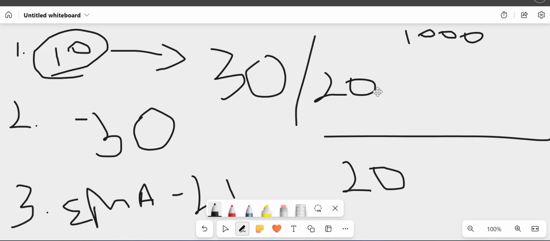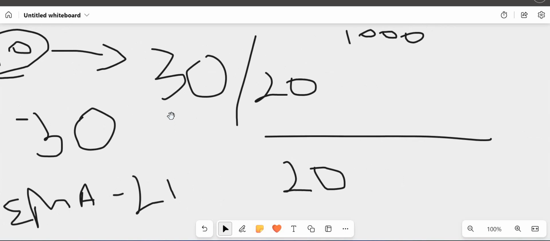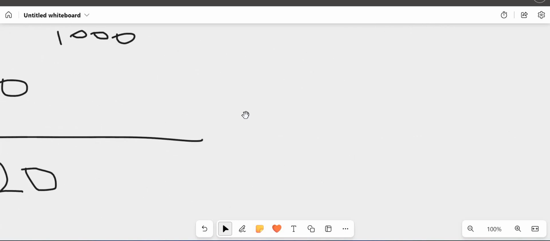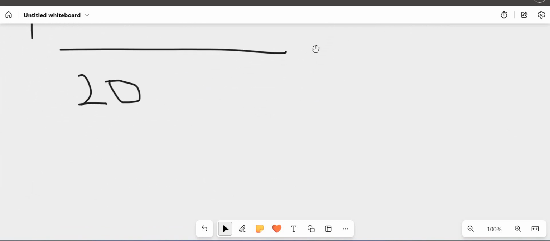So minus, I think I should erase these things. Okay, so we made 20 and now we have lost 10, right? So let's just demarcate it. This is profit and this is loss. So let's say P, and let's say X, right?